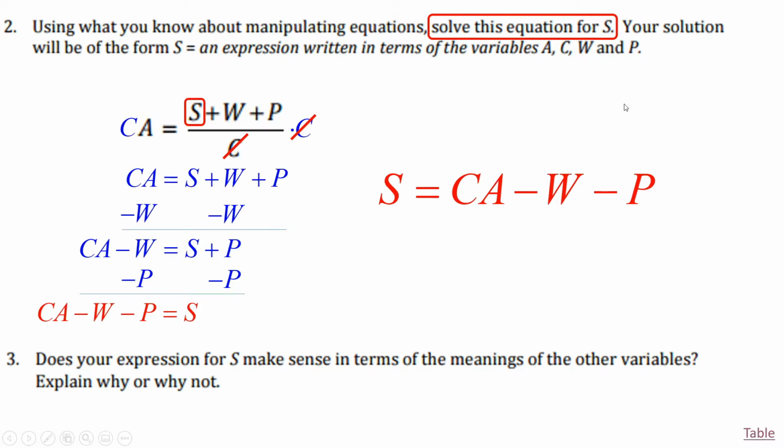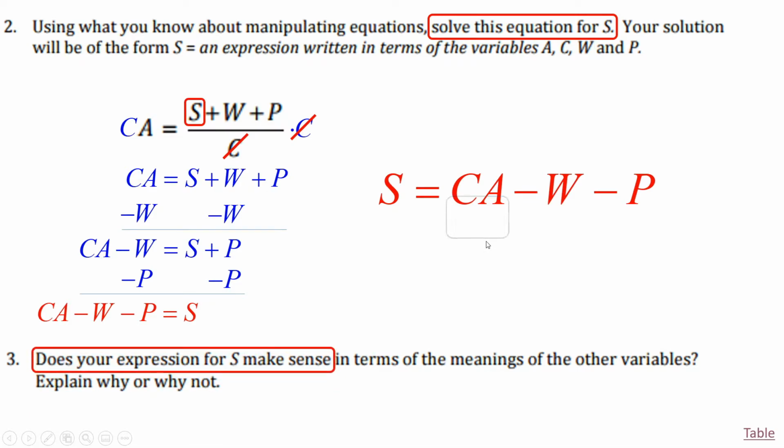Your solution will be of the form S equals an expression written in terms of the variables A, C, W, and P. Perfect. So number 3: does your expression for S make sense in terms of the meanings of the other variables? Explain why or why not. All right, let's think about the meanings of our variables.